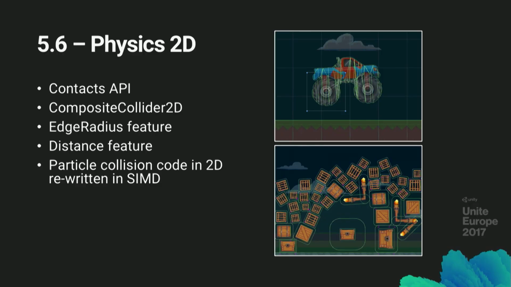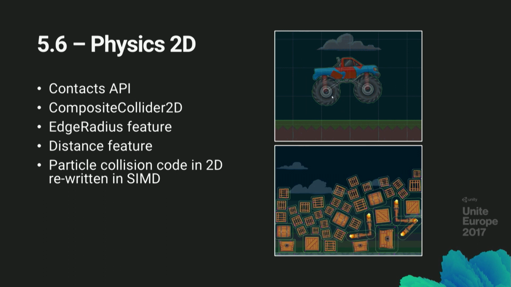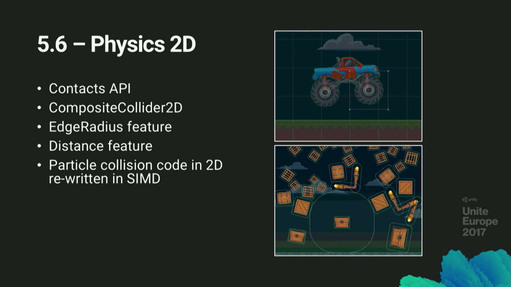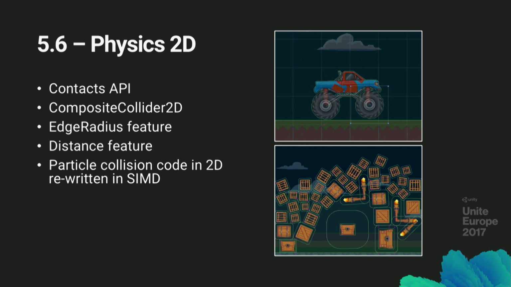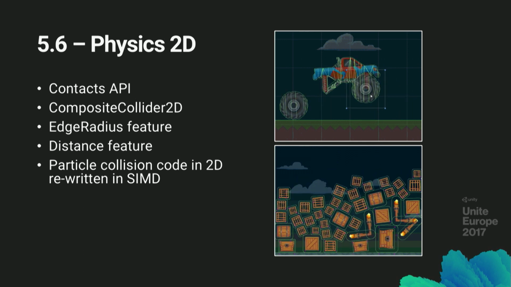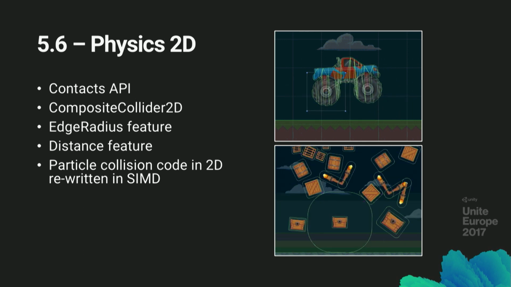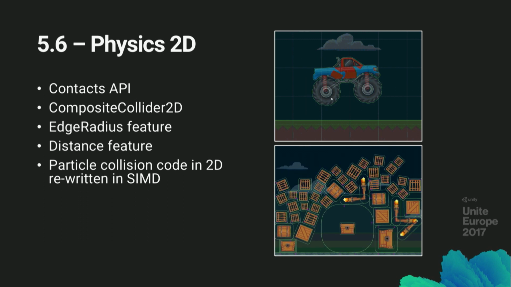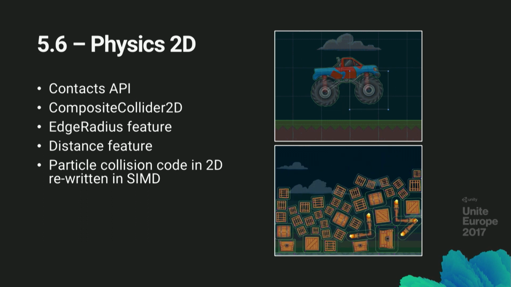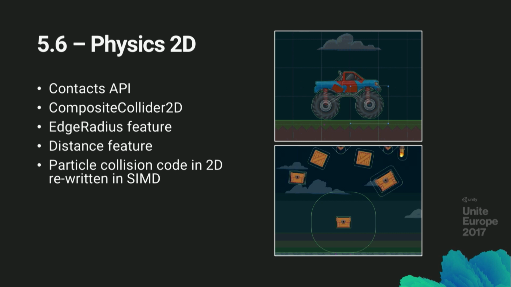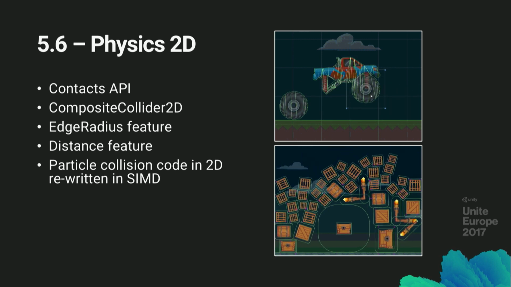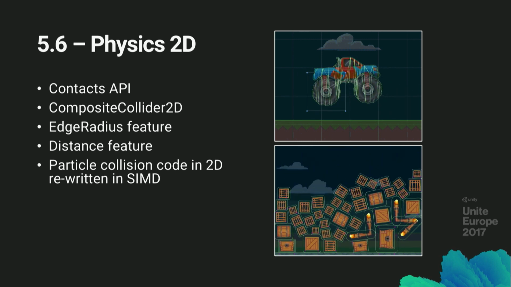It was also a good version for physics 2D features. We added a lot of good stuff there. We added a contacts API. So if you need more information on how two colliders are interacting, the contacts API will give you that. If you look at the top picture here, we're looking at the composite collider 2D.